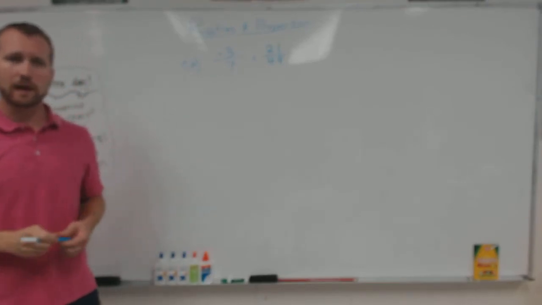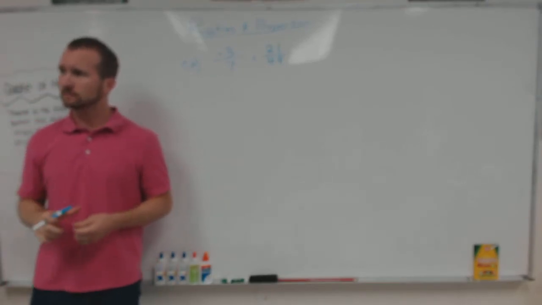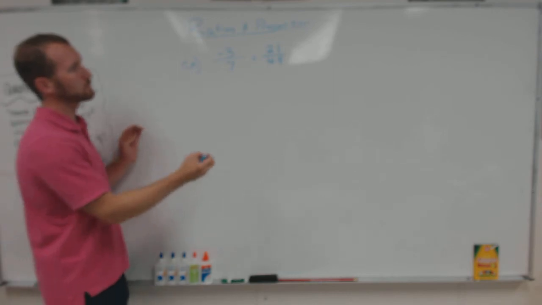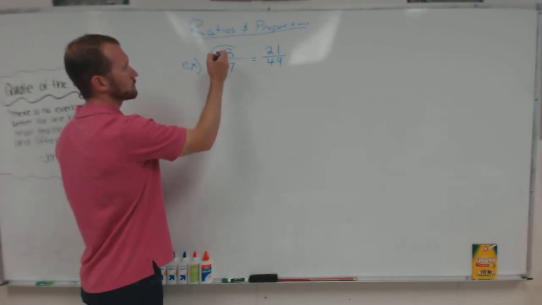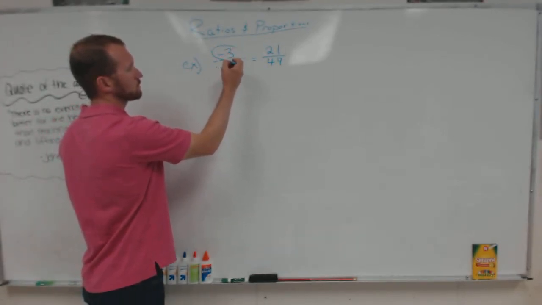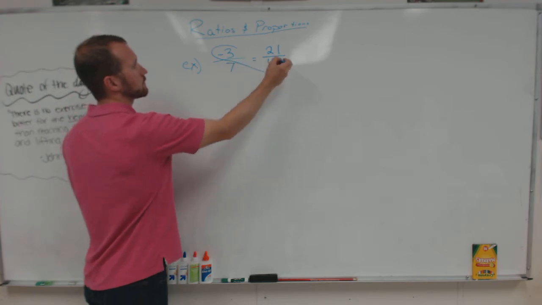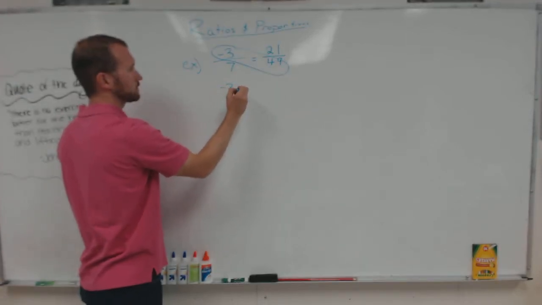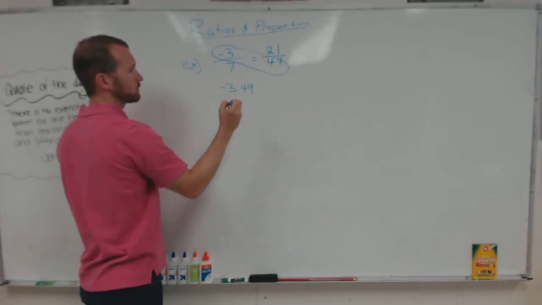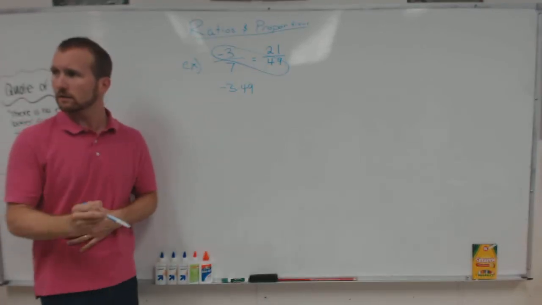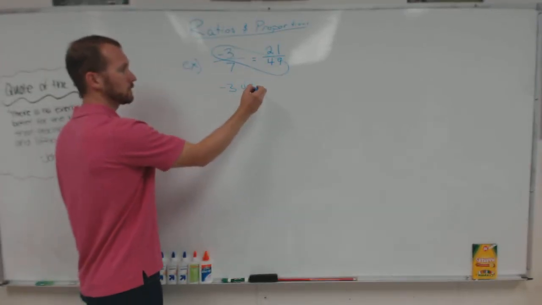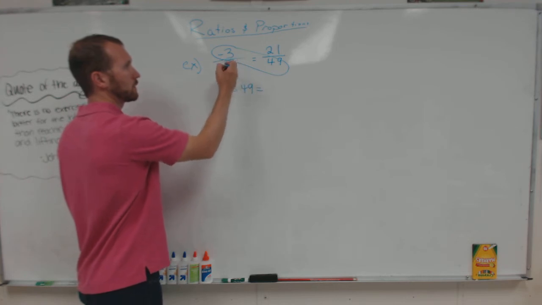What if we had a problem like that? Ben. Then you would just multiply -3 times positive 49. Okay. And then it would equal 7 times 21.